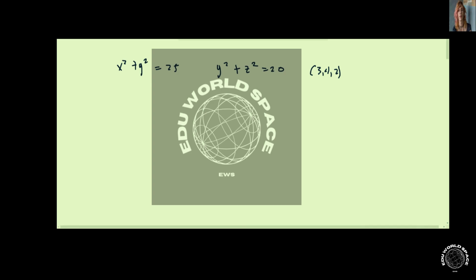So if we want to find a tangent line at this intersection between these two curves at this point over here, the first thing we need to do is come up with some kind of parametric equation.